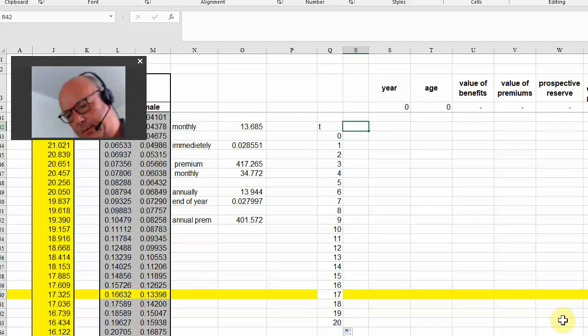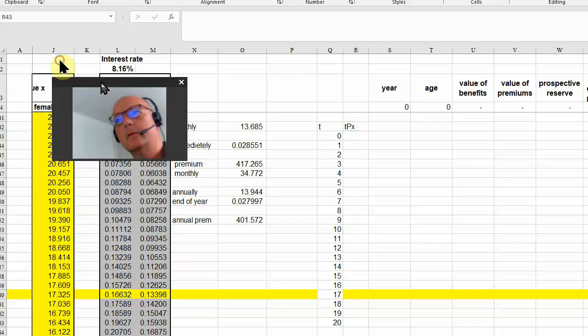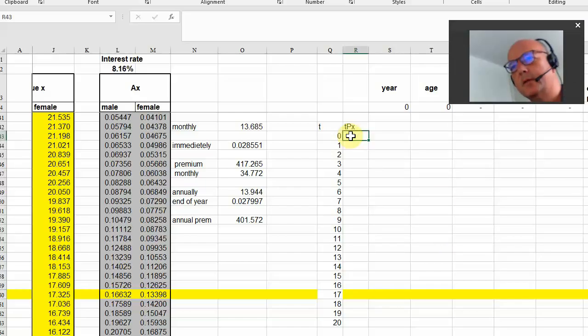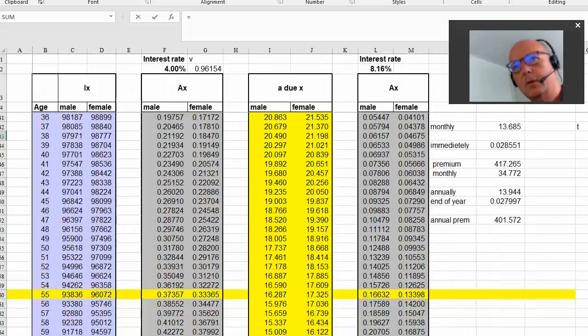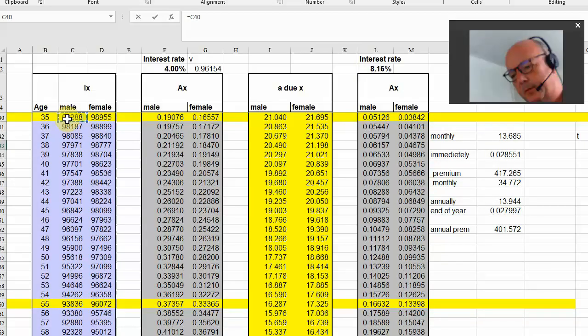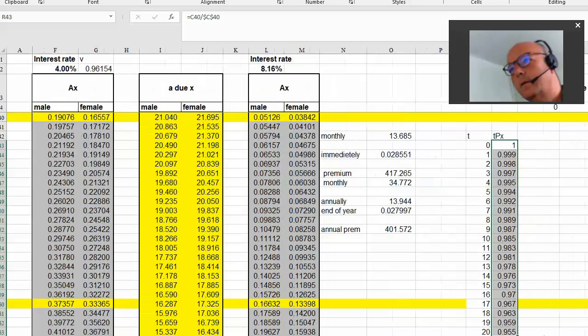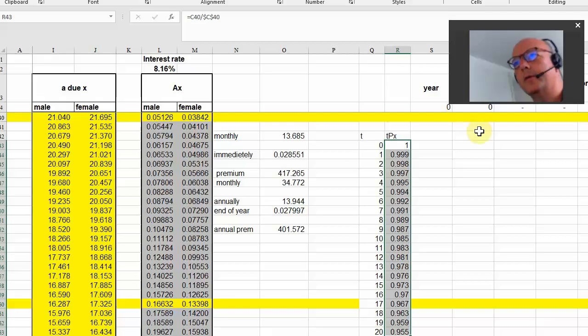So probability, so we now have tPx, that is the probability that this person is still alive at this point in time, which is going to be Lx plus t over Lx, so I need to dollar the second one, and that's my probability we are still alive at that point in time.